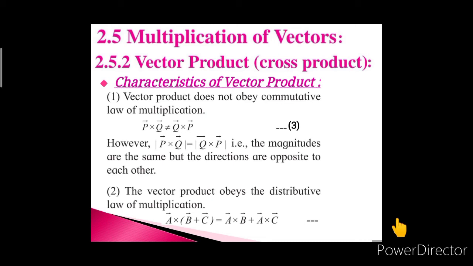So here the distributive law of multiplication is obeyed, in that vector A is cross multiplied with vector B and vector A is also cross multiplied with vector C, and hence vector A cross (vector B plus vector C) is written as vector A cross vector B plus vector A cross vector C. Give it equation number 4, and this equation gives the result that the vector product obeys the distributive law of multiplication.